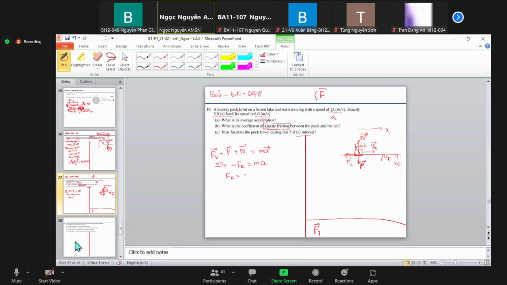Friction will be equal to mu multiplied by N. Here is the general equation for friction. If it's static friction, it should be mu s. If it's kinetic friction, it should be mu k.